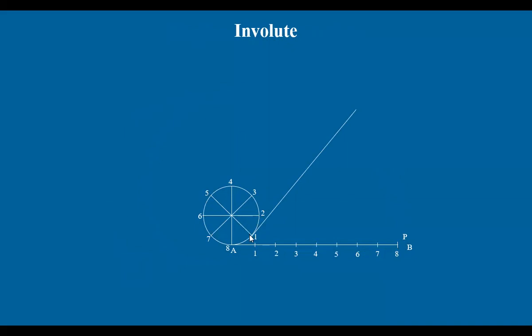We already have a diameter line. Draw a perpendicular to this diameter line, and automatically it will be tangent to the circle. Like this, draw tangents at all these points. All the tangents are drawn.